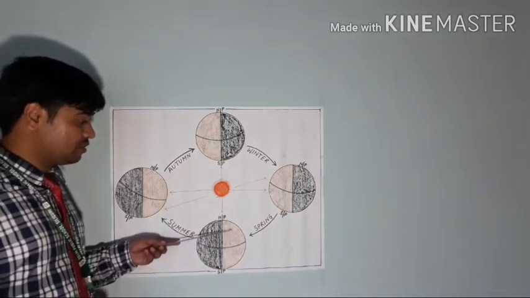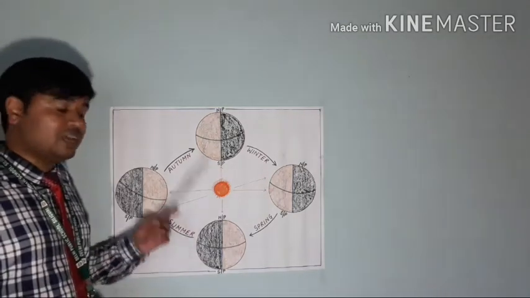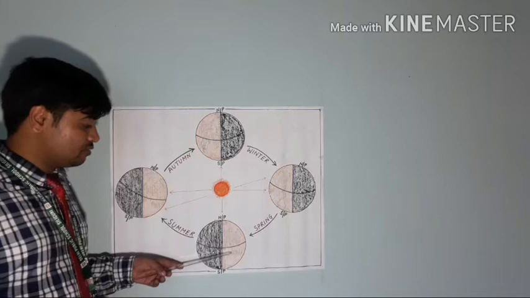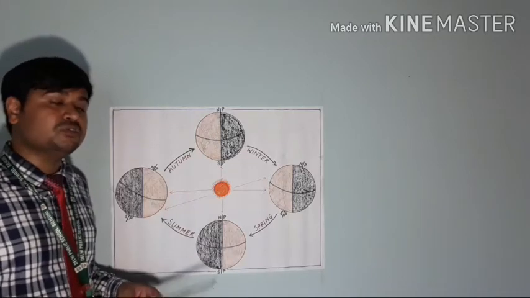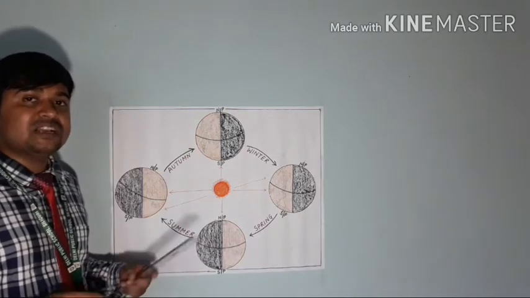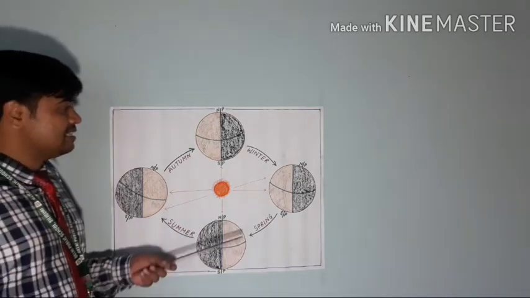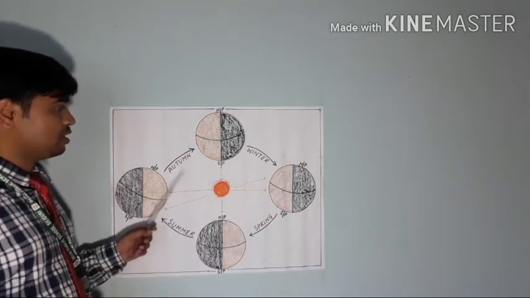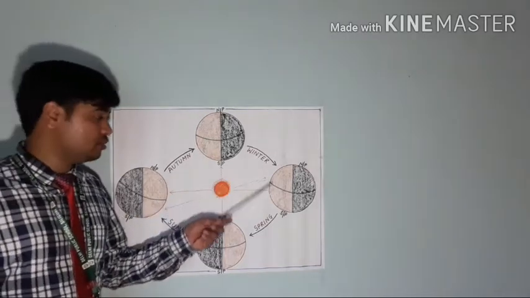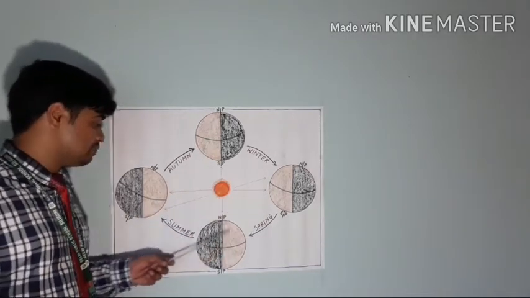That means in the northern hemisphere we have 12 hours day and night, as well as in the southern hemisphere we also have 12 hours day and night. So in this way the season changes from summer to autumn, autumn to winter, winter to spring, and again spring to summer.